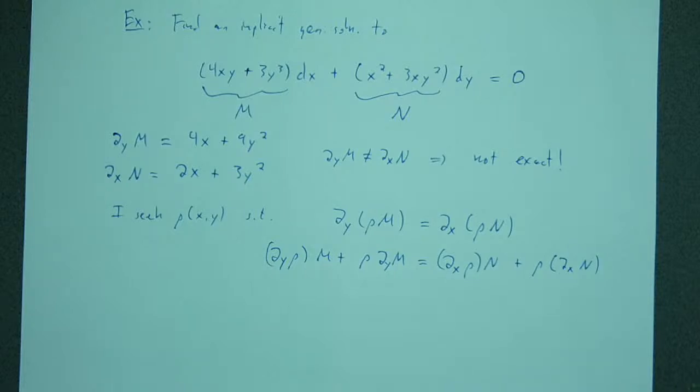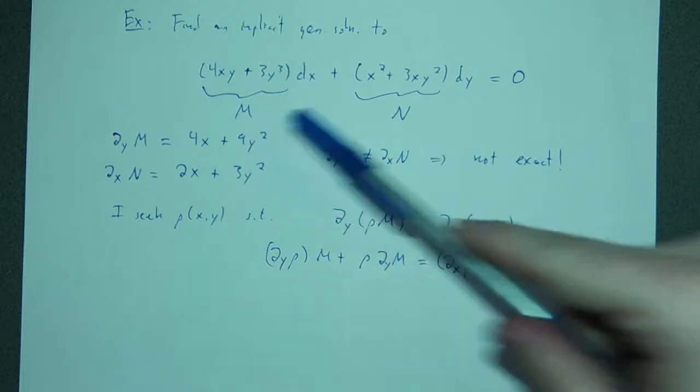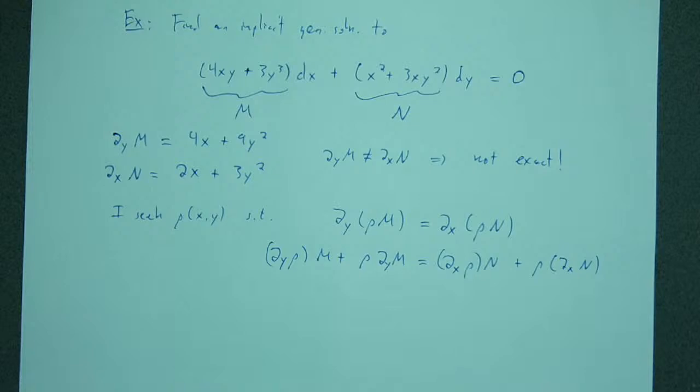So, how can I figure out which way I should go here? When you're stuck in a situation where M and N are the same level of nastiness, you're not sure whether to assume that rho is a function of x or y solely.